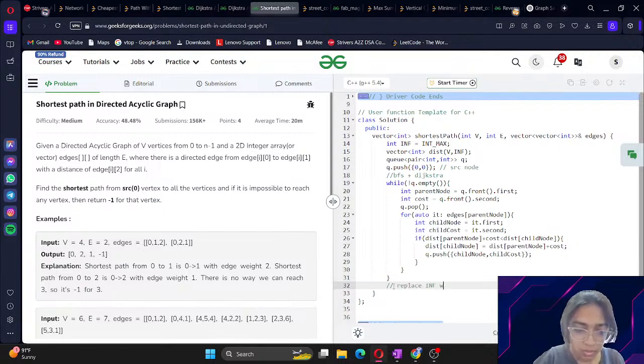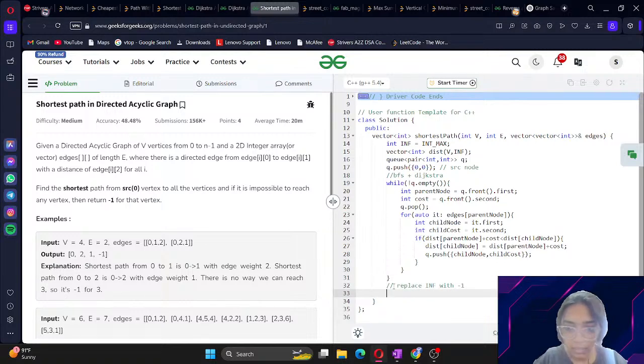Replace INF with -1 for unreachable nodes. For i equal to 0, i less than n, i plus plus.